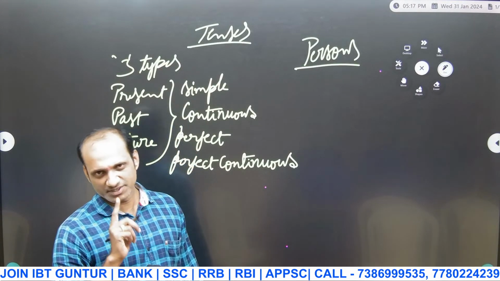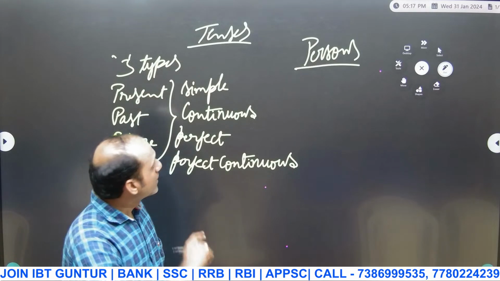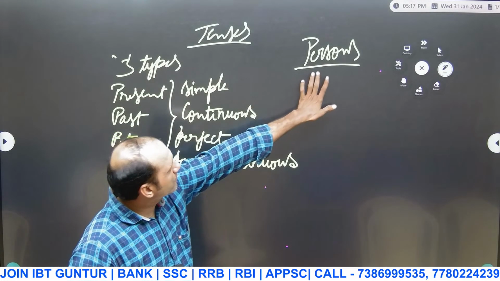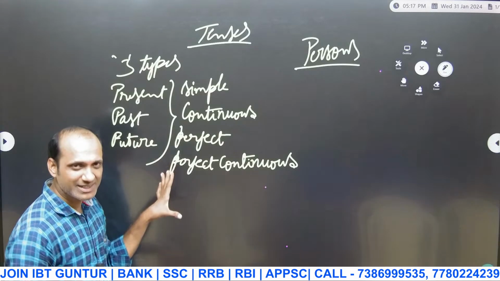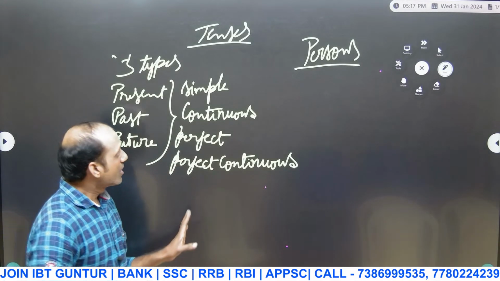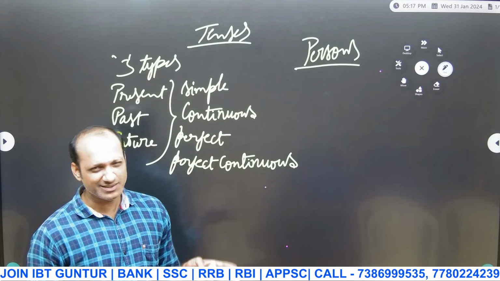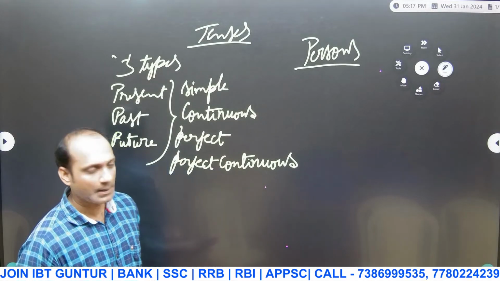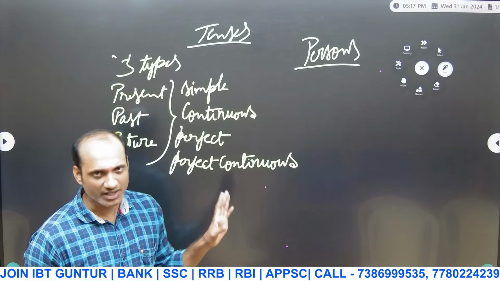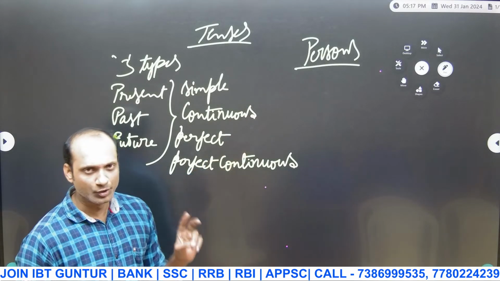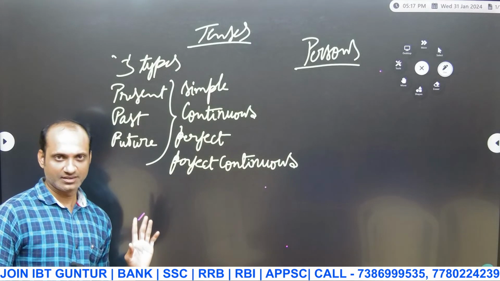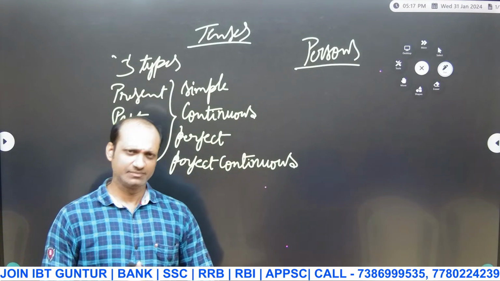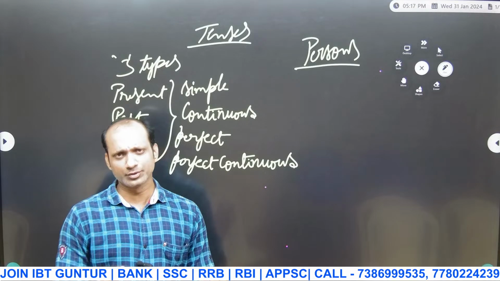First person, second person, and third person. Why are we learning about persons? Without knowing about persons, we can't understand tenses. Tenses completely depend on three things. What are they? 1. Persons. 2. Verb forms. 3. Tenses, nothing but helping verbs. These things you have to know.